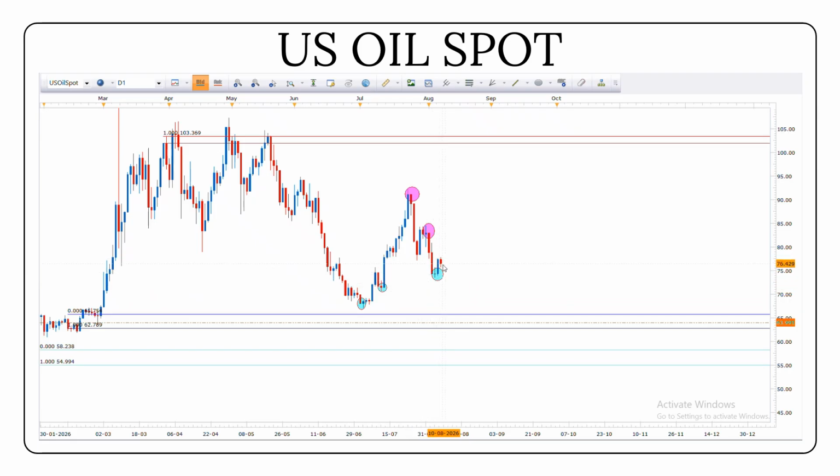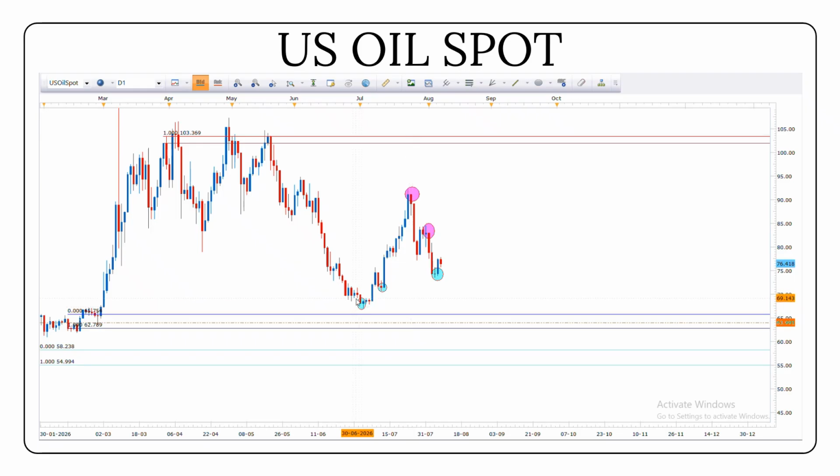If it manages to break below the demand zone between 73.2 and 74.65, then there is an immediate demand zone between 71.76 and 70.8, and then another one between 68.97 and 67.0, which is the lowest low of US oil spot after the beginning of the war.